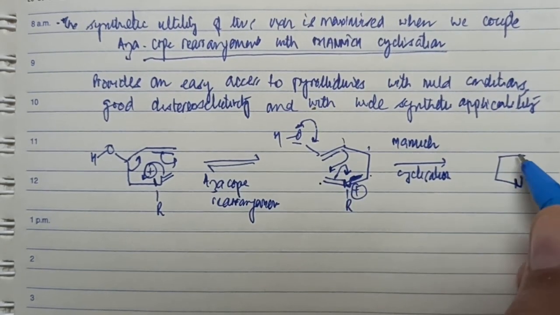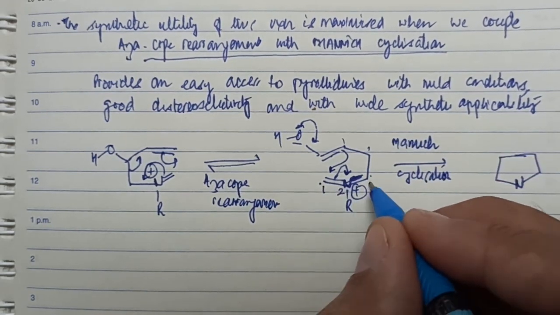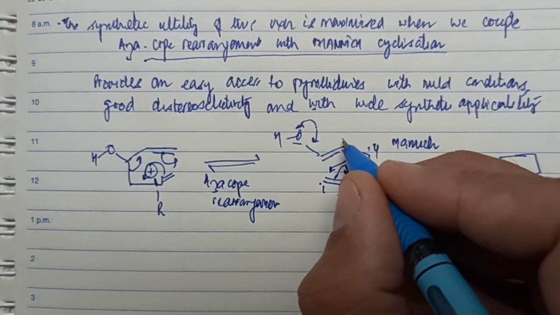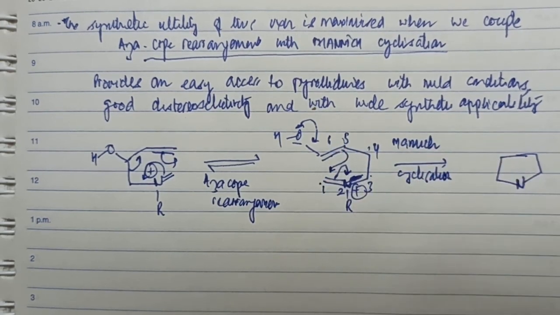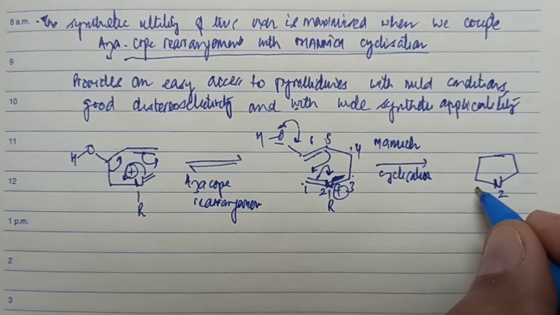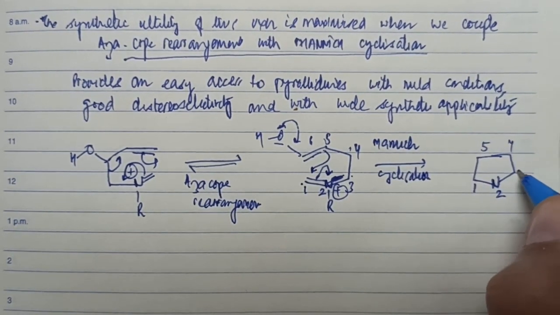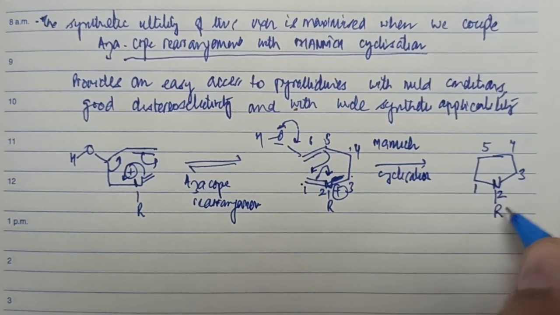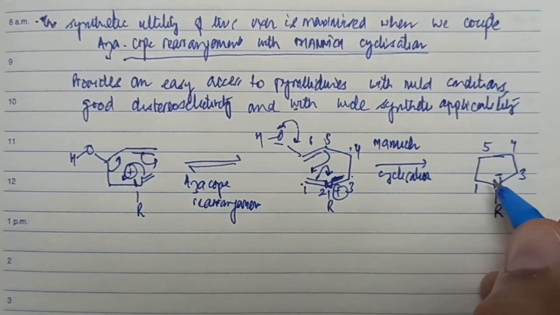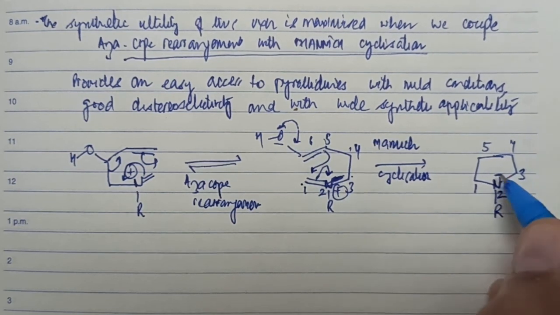If I number the system, let's say this was 1, 2, 3, 4, 5 and 6. There's a bond formation between 5 and 1. Nitrogen is at second position. This is the first carbon atom, this is the fifth carbon atom, this is fourth, this is third. The nitrogen's positive charge is now quenched, since this pi bond moves onto the nitrogen atom and forms a lone pair.